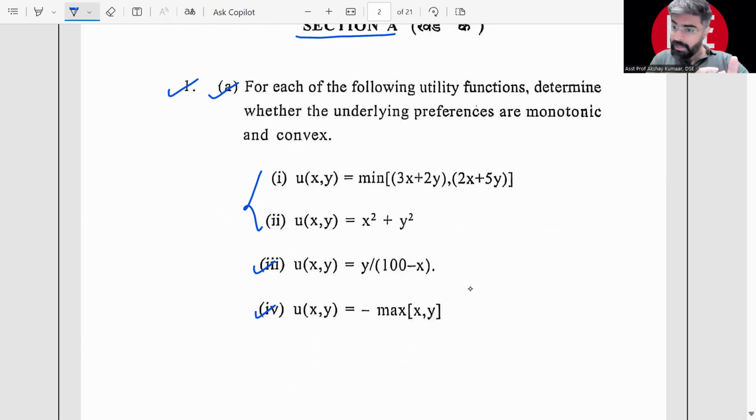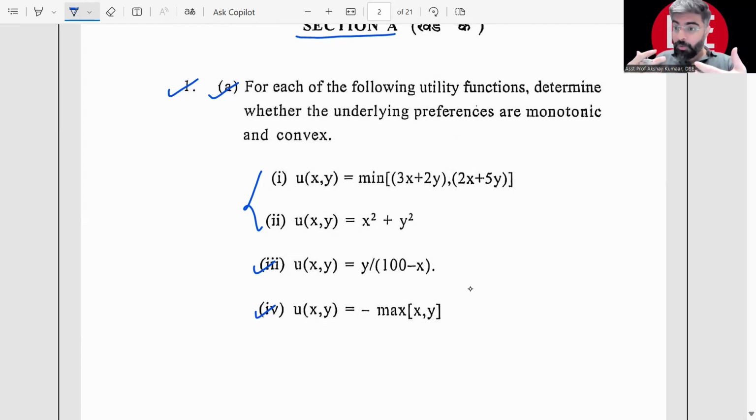In my previous lecture on this question paper, we had revised the definition of monotonicity and convexity. Preferences are said to be monotonic if, given any two consumption bundles, the consumer prefers the bundle which contains more of at least one of the goods but no less of the other. So more is preferred to less. To check for monotonicity, we calculate the marginal utilities.